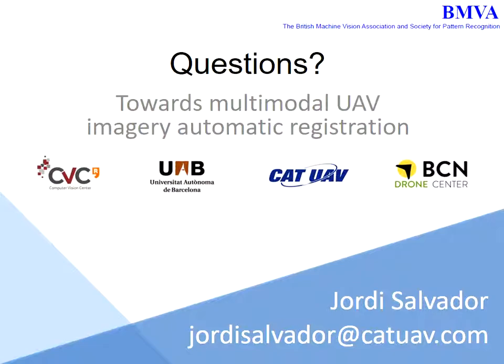So at the end, the main idea of this kind of approach is not to replace the typical orthophoto approach, but to handle the case where you just have some single images of an area and you want an approximate registration with the orthophoto.